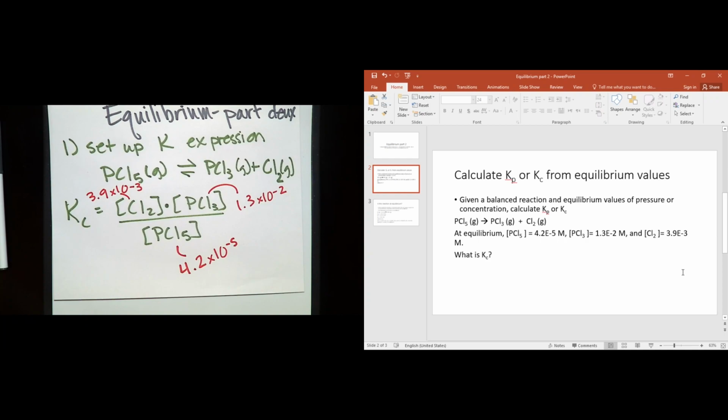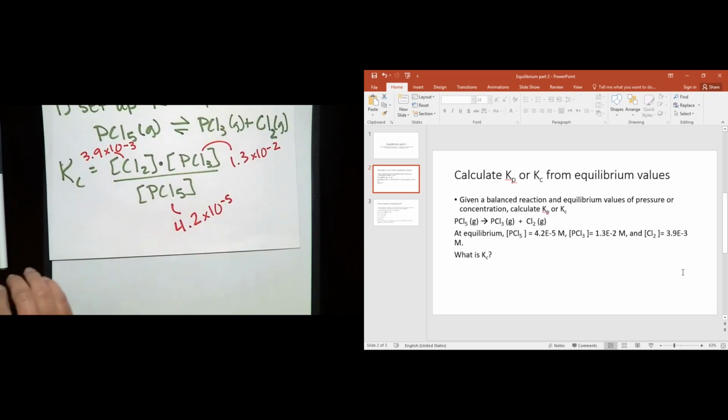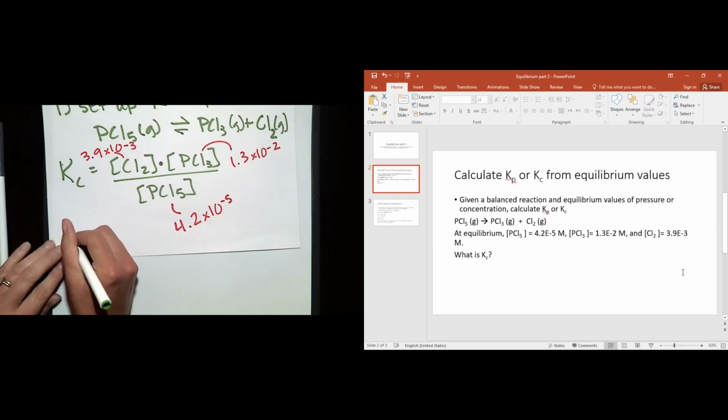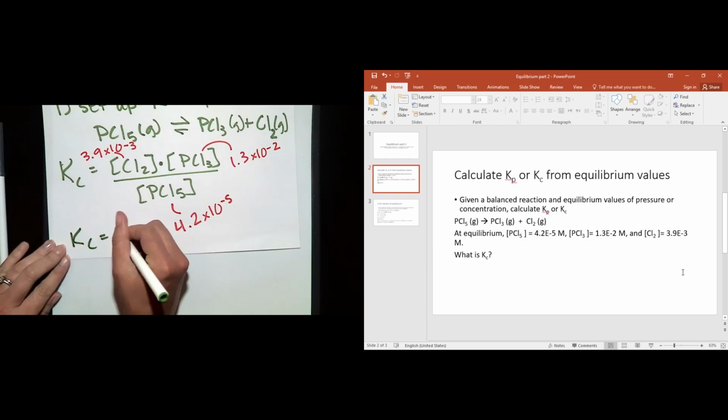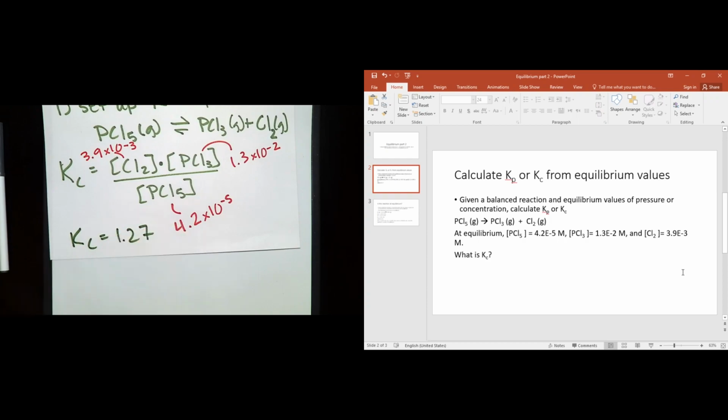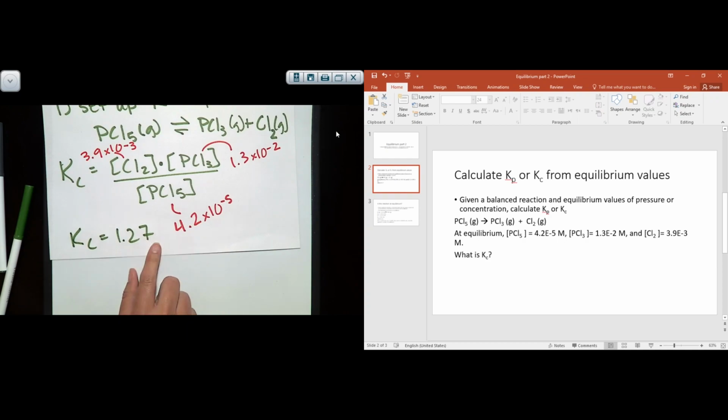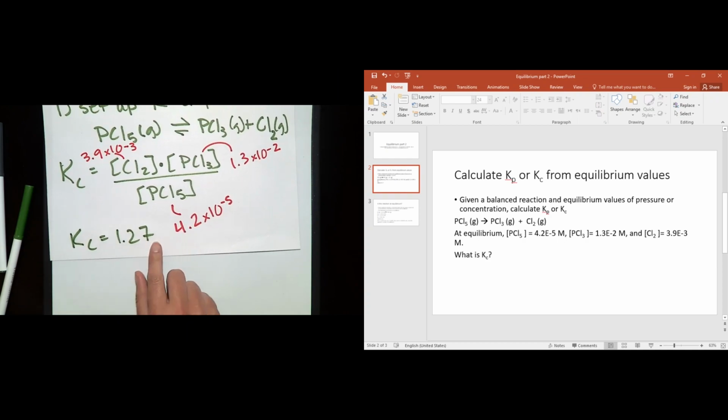All right, so when we punch all of that into our calculator, we actually get, I think it's 1.27, I believe. Yes. Okay, I think that's correct. I wrote it down. Double check to make sure.